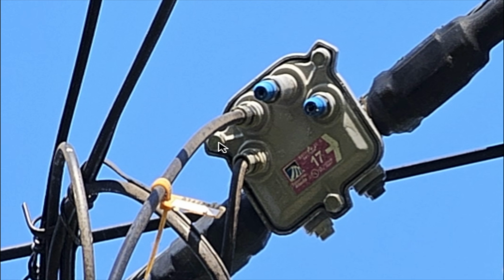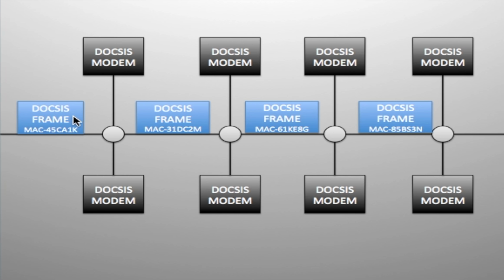And I just want to mention that when these ports are not in use, there's a 75 ohm termination plug that is put into these ports. And this plug stops the signal from being reflected back, because if it is reflected back, it would cause problems with network communication.